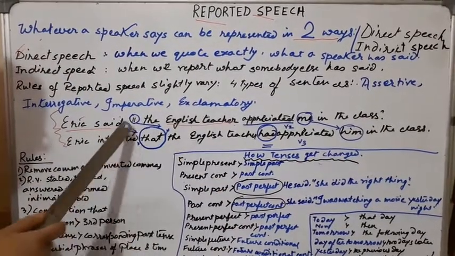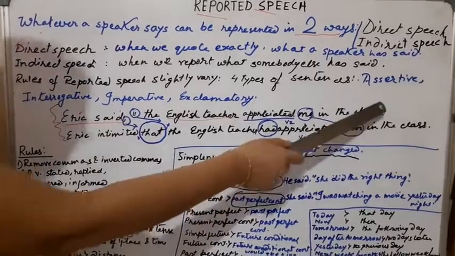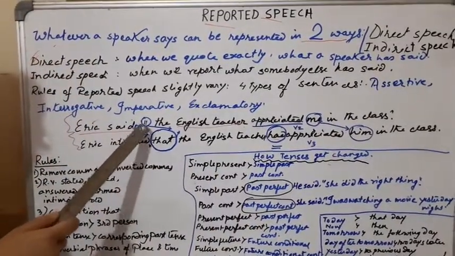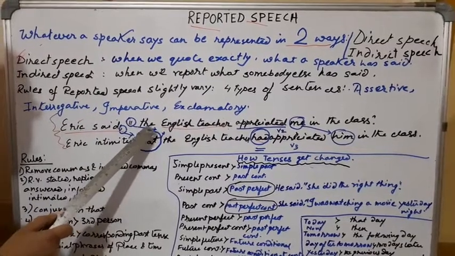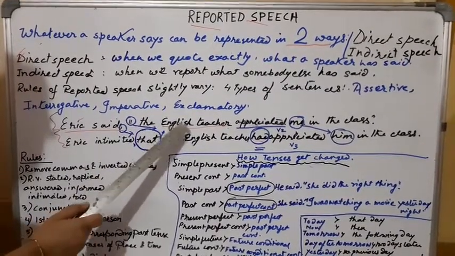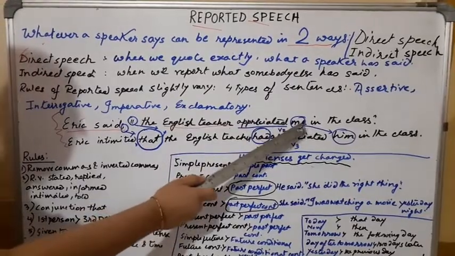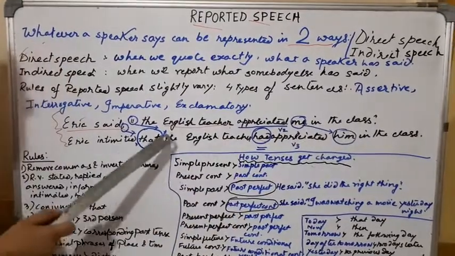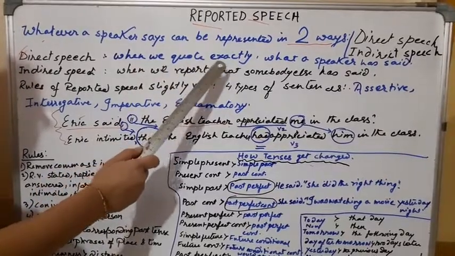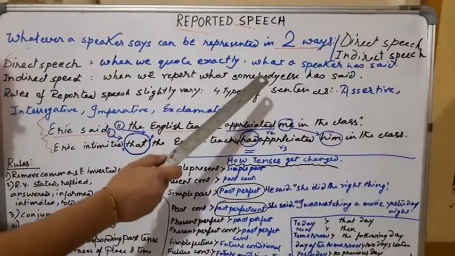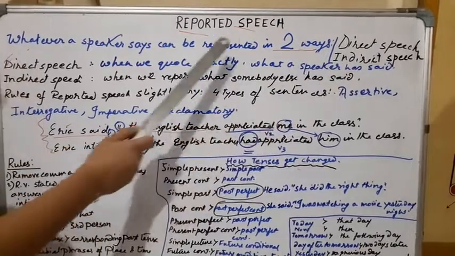So what is important here to notice? Inverted comma and the comma, right? Here you see the morphology of the sentence. The English teacher appreciated me in the class, right? So direct speech means when we quote the exact sentence what the speaker has said.